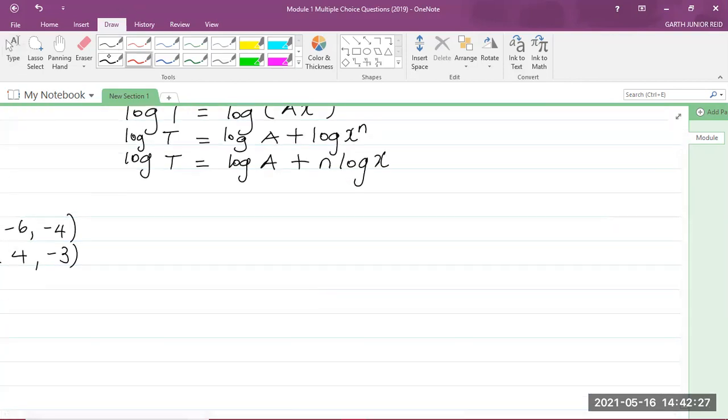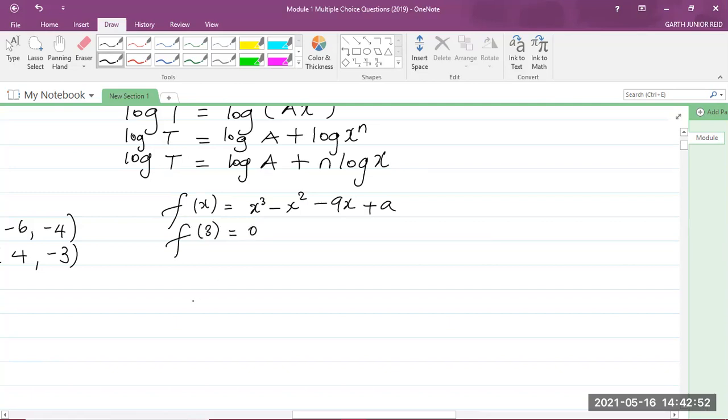I'm going to name the function that they gave us. I'm going to call it f, and f is a function of x. All right, and that is x cubed minus x squared minus 9x plus a. All right, and they told us that x minus 3 is a factor of this function here. So it means that f of 3 must be equal to 0.